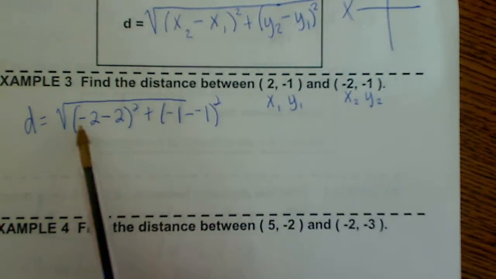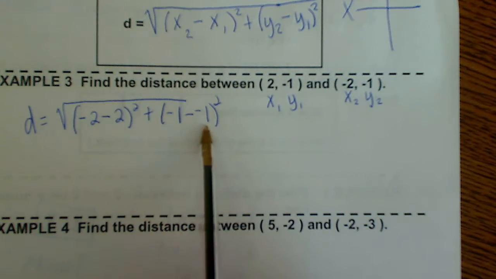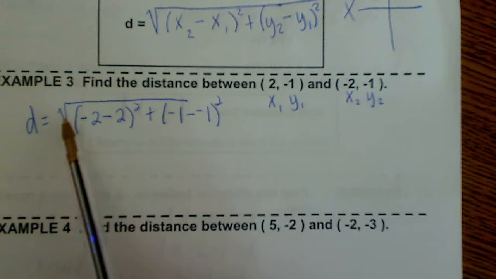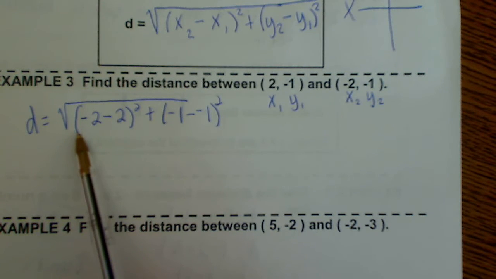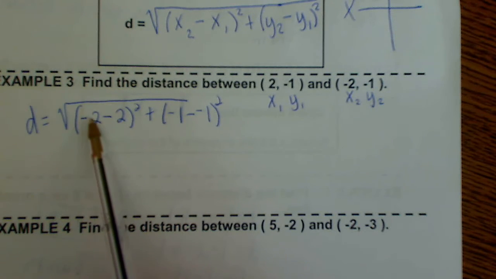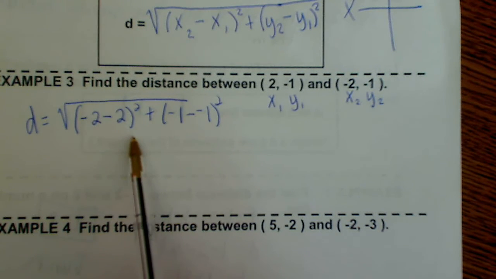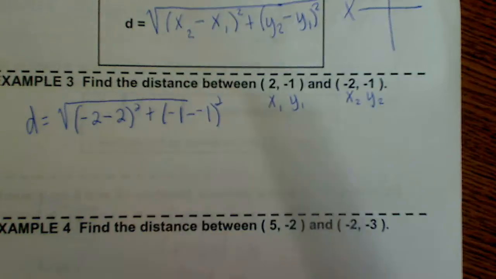Okay. Now you guys can put all that in your calculator if you want to. Parentheses, and you can even put it under the square root. For some calculators it doesn't work as perfect, so let's just do everything underneath here. So in your calculator, put parentheses, -2 minus 2, close parentheses, squared. Does everybody understand where that's at?